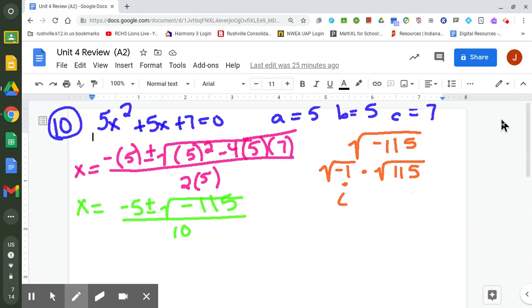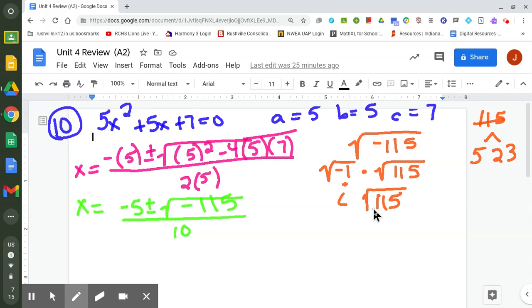Now, 115 is not a perfect square, so I need to come over to the side. 2 will not go into 115, so I try 3. That doesn't work. So 115 divided by 5 is 23, which does not break down anymore. So the square root of positive 115 is just square root of positive 115.